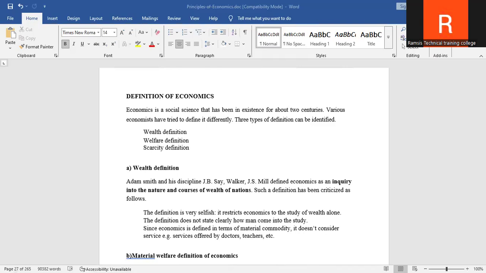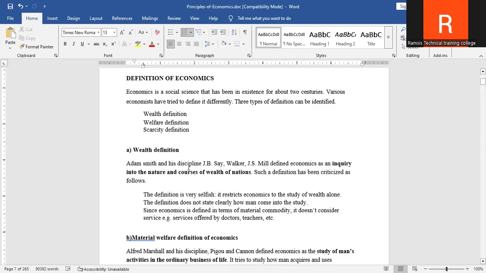Various economists have tried to define economics differently in terms of wealth, in terms of welfare, in terms of scarcity. In terms of wealth, they are talking about Adam Smith, an inquiry into the nature and causes of wealth.